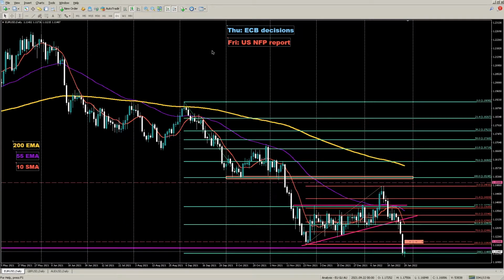And on top of that, on Friday, there's also the US non-farm payroll report. So that will signal if the US dollar is going to continue higher or whether it's going to take a pause.